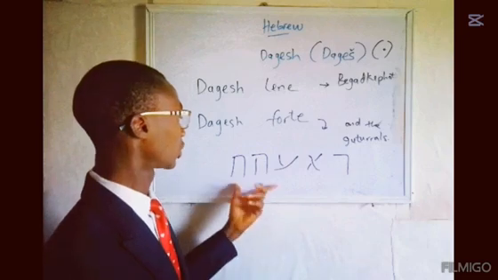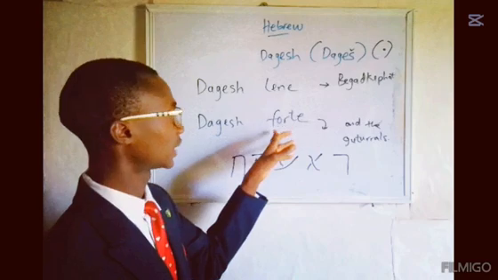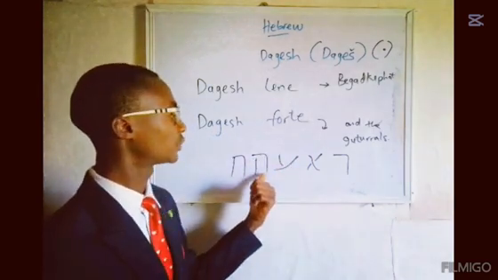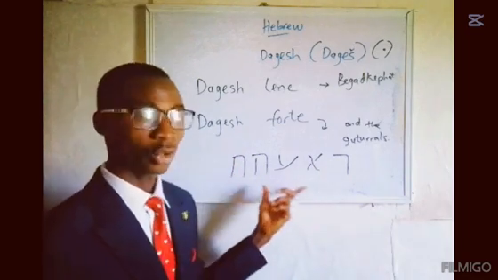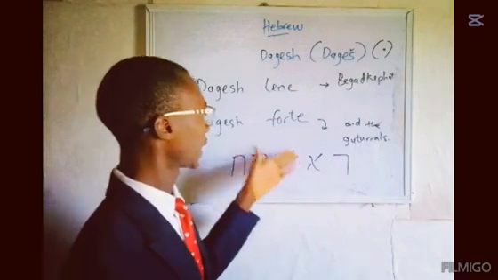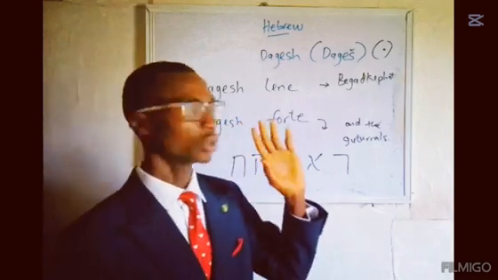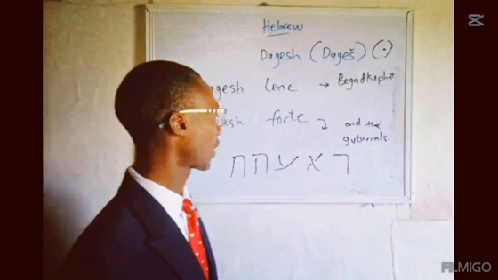So you can find the Dagesh at the bottom of these consonants. Okay, and either this or this, but for Dagesh Lene, it can only be found in the Begadkefat letters.